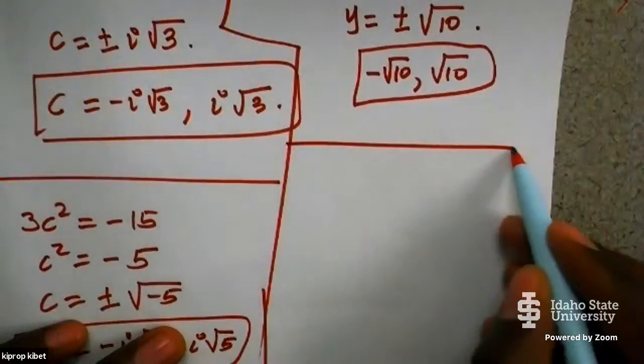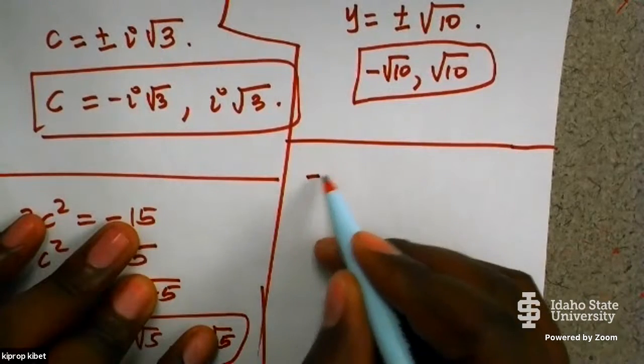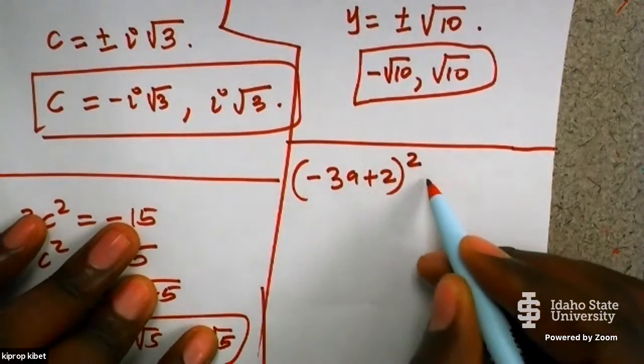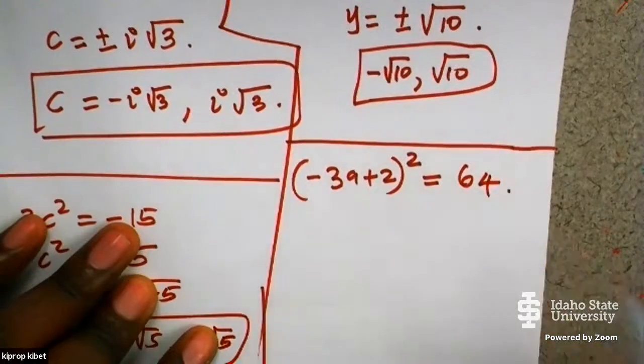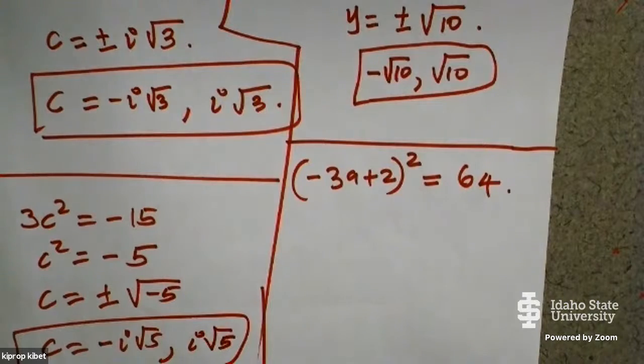Another example here. Minus 3a plus 2, squared, equals 64. Solve this one. So what do you do? You remove the square, right?